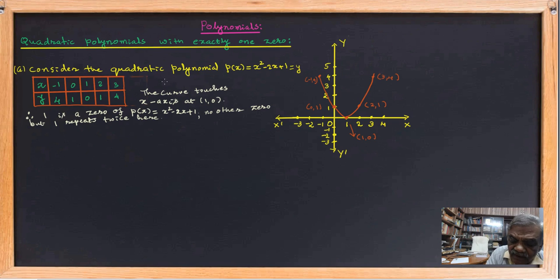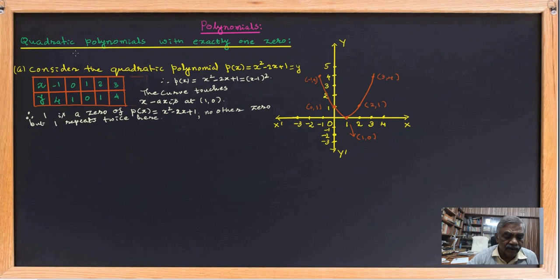Because you can see here, p(x) equals x squared minus 2x plus 1 can be written as (x minus 1) whole squared, and therefore 1 repeats twice.